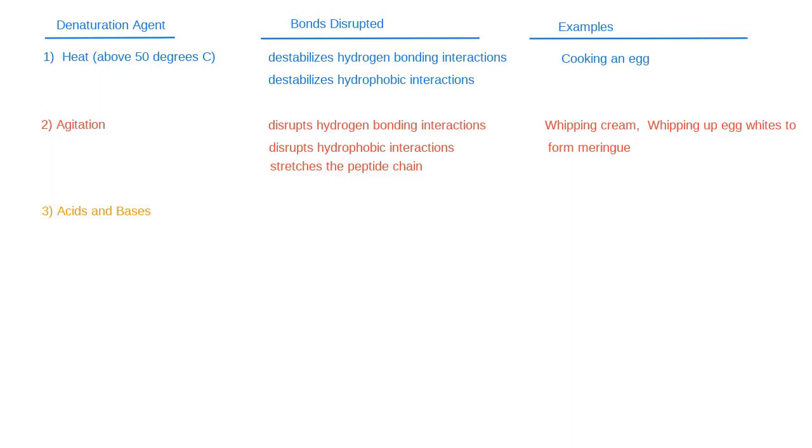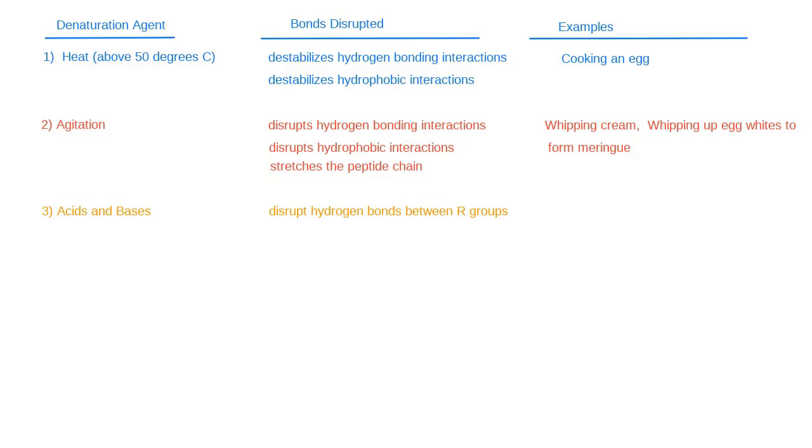Disrupt hydrogen bonds, and they also disrupt the hydrogen bonds between polar R groups or side chains, and not only do they do that, but they also disrupt salt bridges.